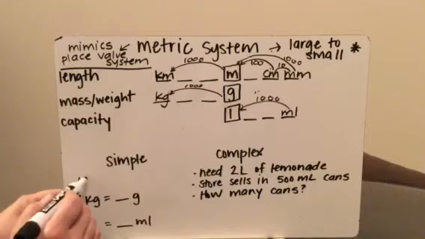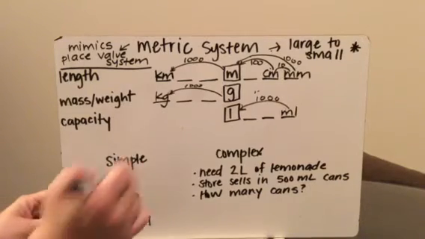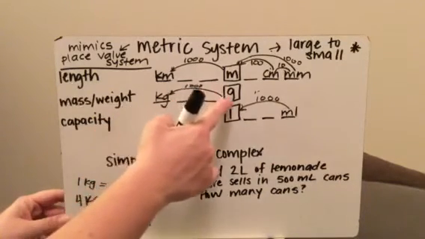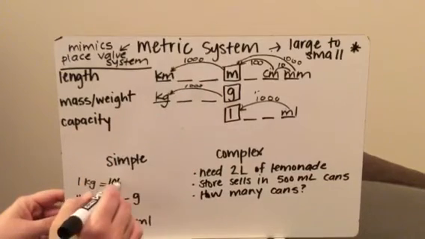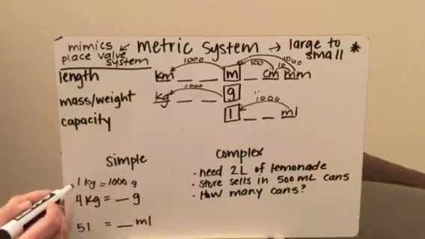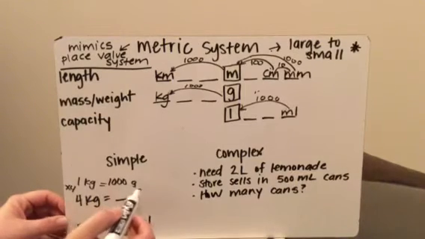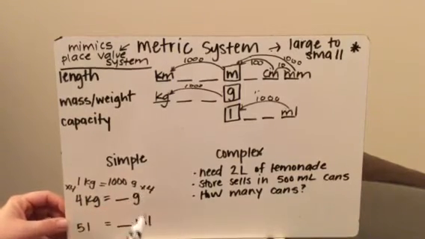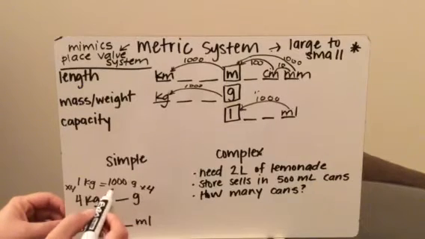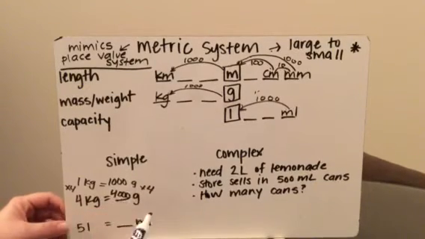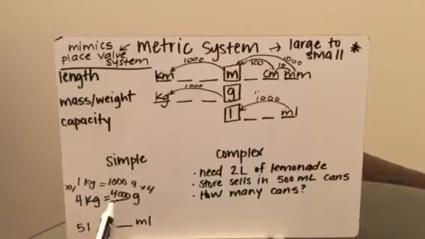Well, 1 kilogram comes from 1,000 grams. And then if I look here, I multiplied my kilograms by 4. So I'm going to multiply my grams by 4. So 4 times 1,000 is 4,000. So 4 kilograms is the same as 4,000 grams.